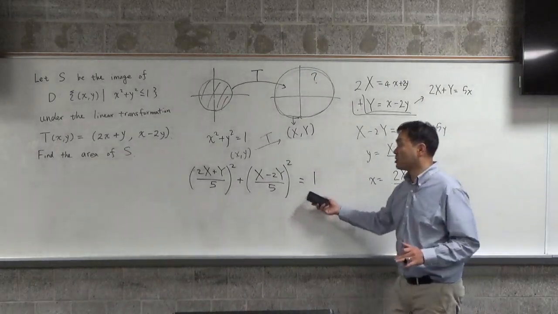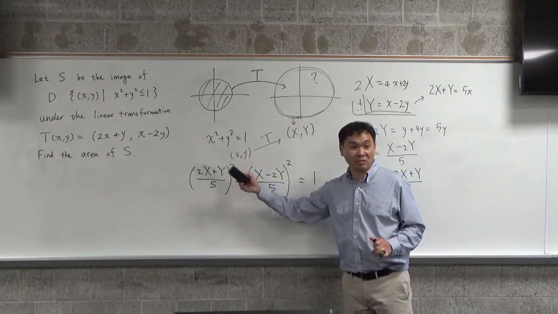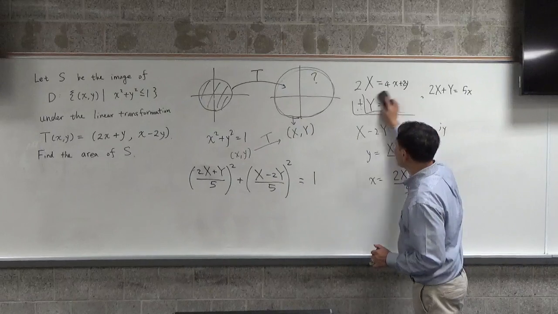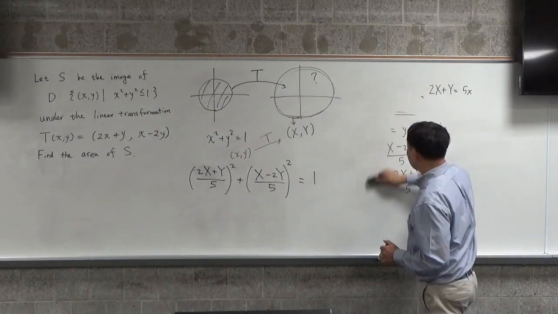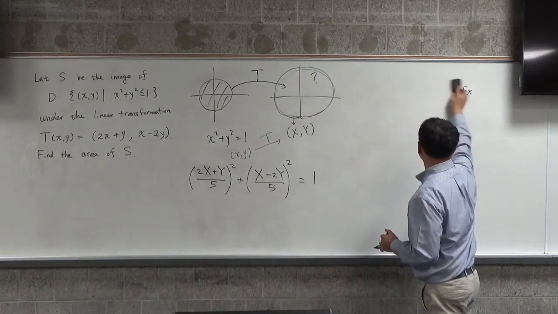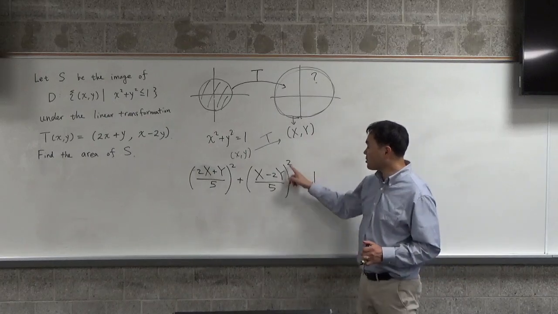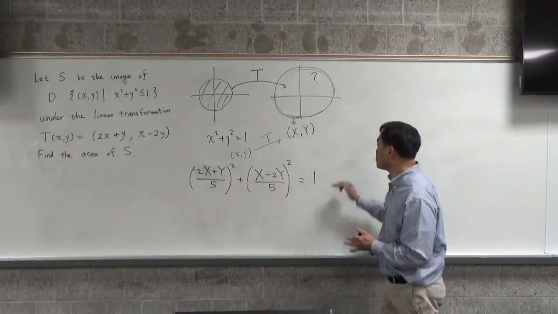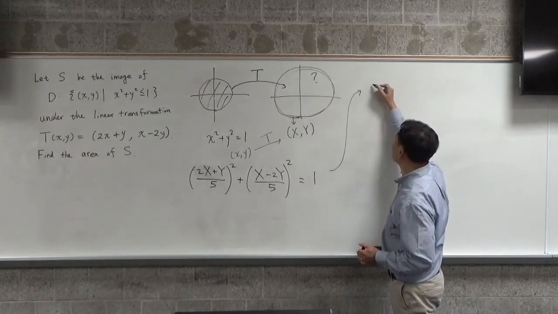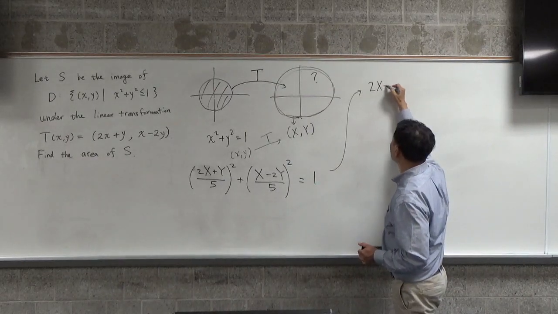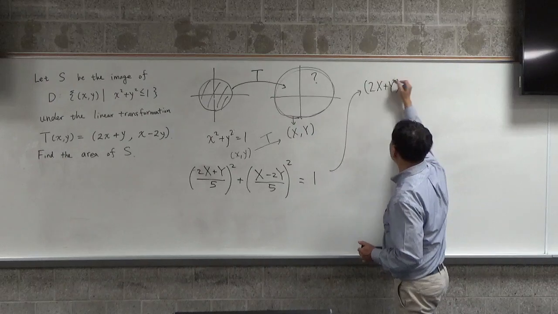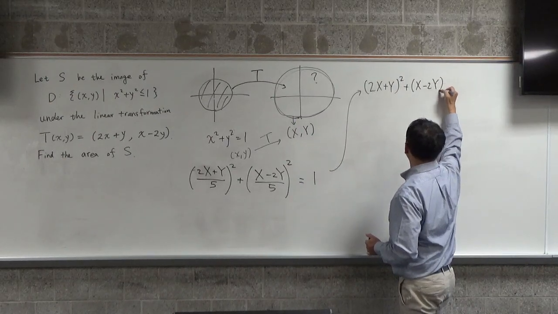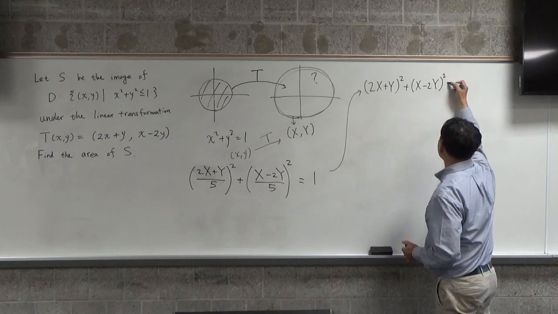Now, what did we just achieve? We figured out a relationship between capital X and capital Y. This still looks cryptic, but it's not too bad if you simplify it. So let's do this. If you square top and bottom, the bottom will be 25, right? So I'm going to multiply by 25 both sides so that you get (2X plus Y) squared plus (X minus 2Y) squared equals 25.